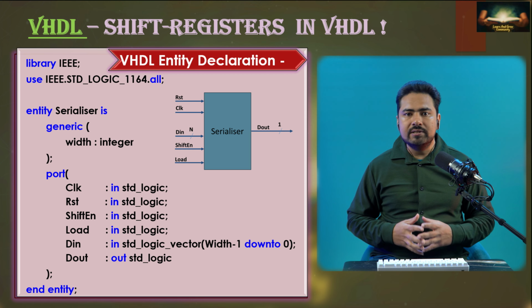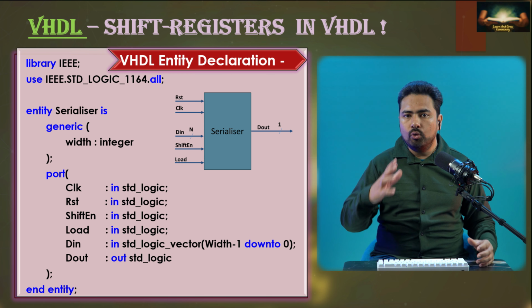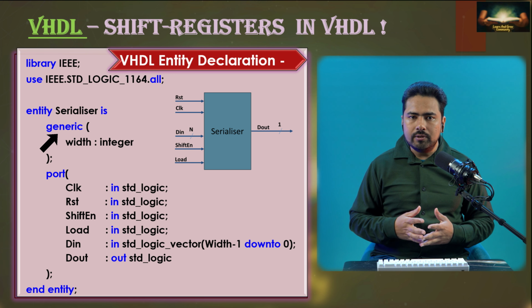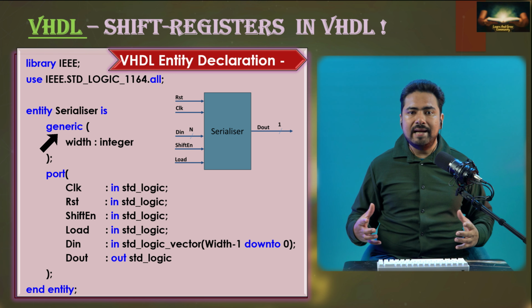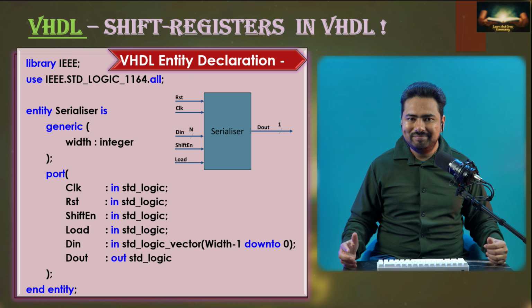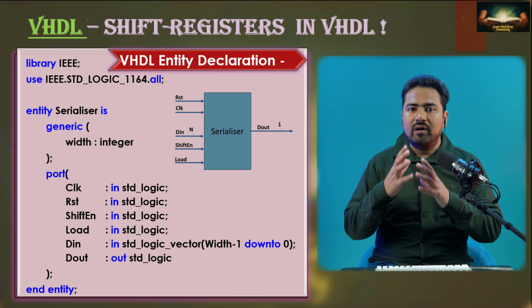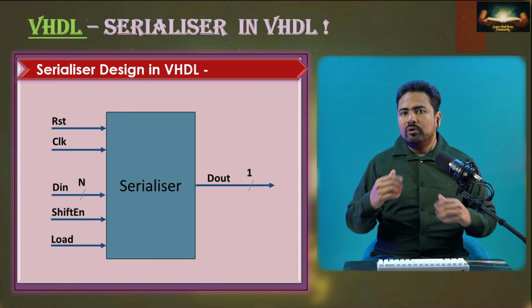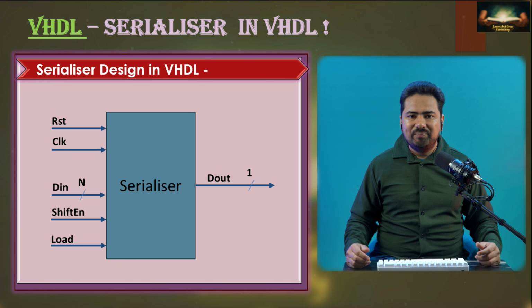In such cases, you do not need to change your whole VHDL code. You just configure your generic parameter and boom, your whole design will work according to that. So that's the power of a configurable design, which you should always practice. So let's start with the implementation.